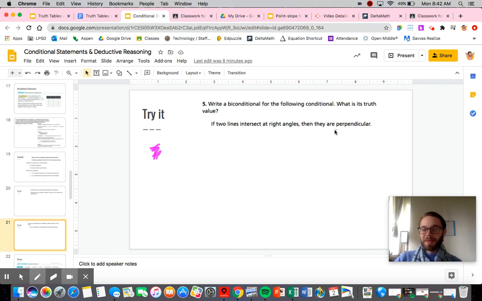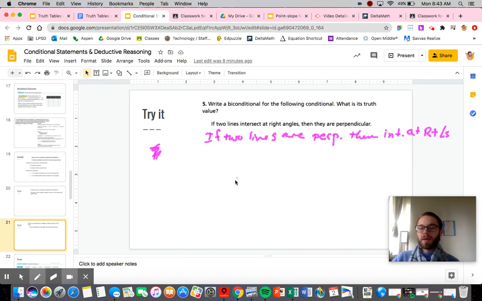We're already given the conditional here, so the other way would be: if two lines are perpendicular, then they intersect at right angles. So if two lines intersect at right angles, they are perpendicular, and if two lines are perpendicular, then they intersect at right angles.